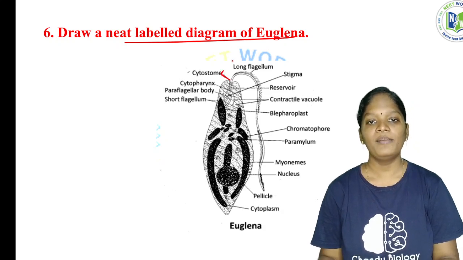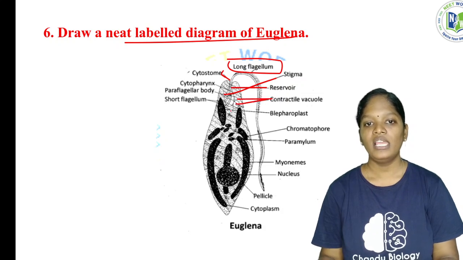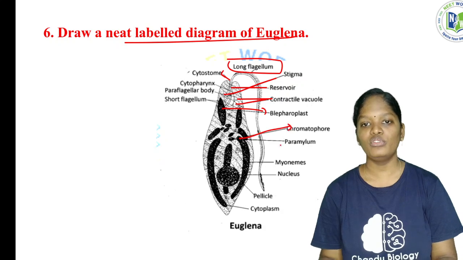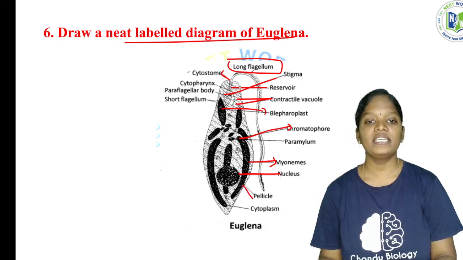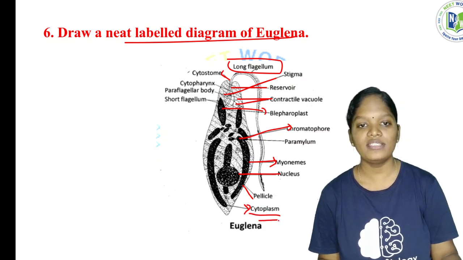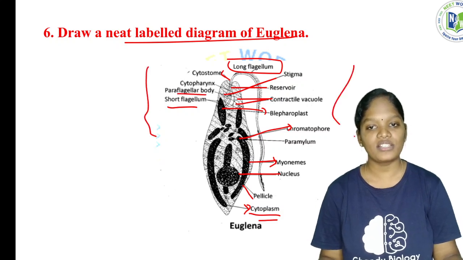There is a long flagellum, a stigma, a reservoir, a contractile vacuole, and a blepharoblast. Here we can see the chromatophore, paramylum, and myonemes. This is the nucleus, the outer covering is the pellicle, and the gel-like substance inside is the cytoplasm. There is also a short flagellum and the paraflagellar body.